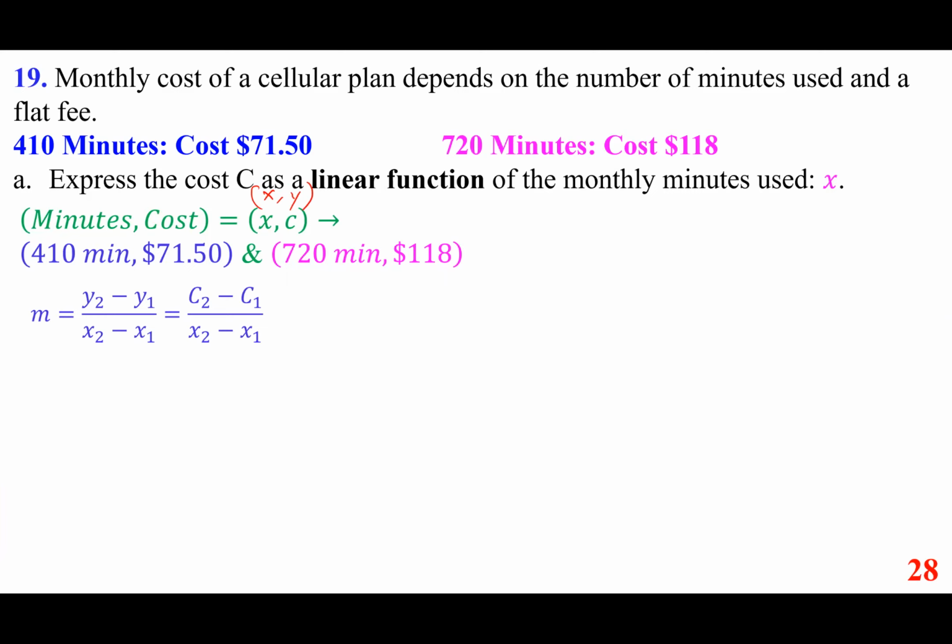So $118 minus $71.50 is the numerator, over 720 minus 410, the denominator. We get 46.5 at top, 310 at the bottom, or you can write 465 divided by 3100, and it becomes 3 over 20 or 0.15. That's the slope.